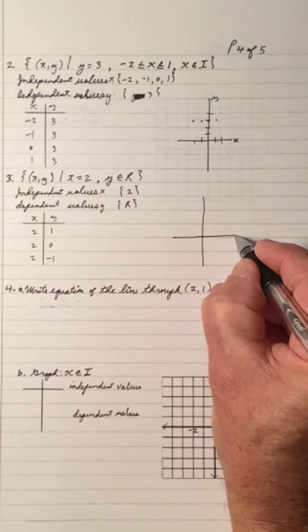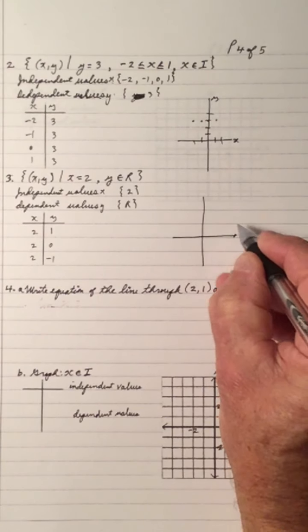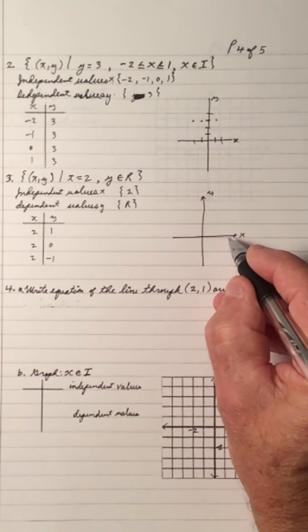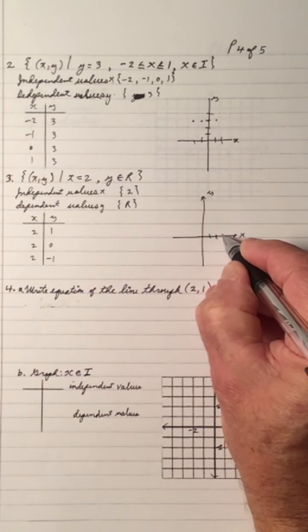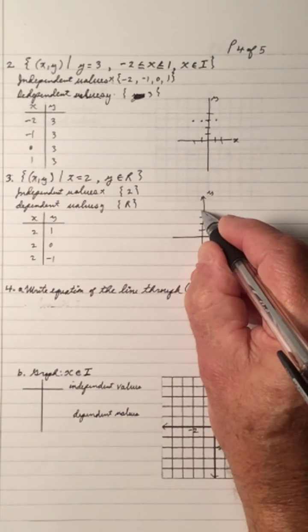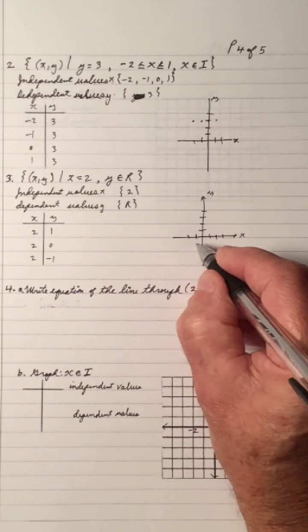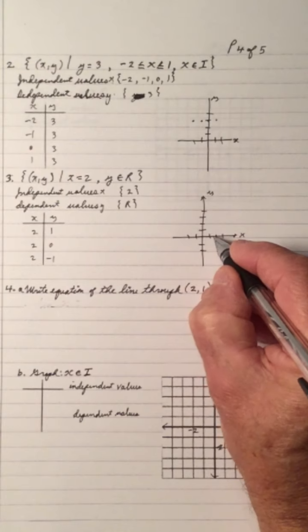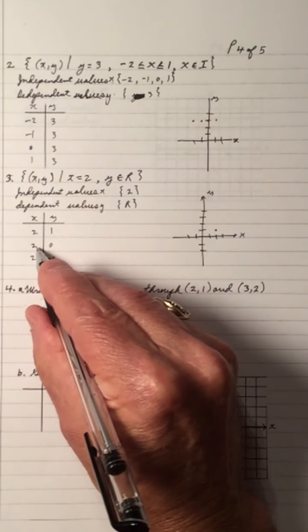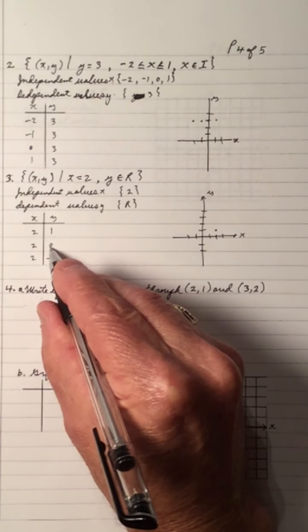Let's do the graph. We have an x and we have a y. And we have 1, 2, that's the x's. This is the y's. There we go. X is 2, y is 1. X is 2, y is 0.